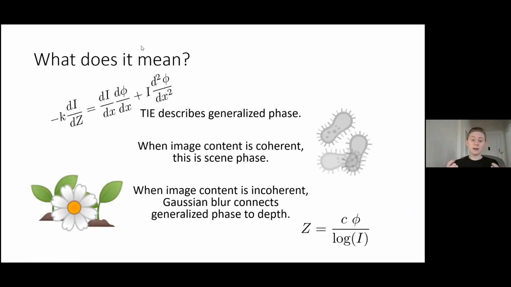But when the image content is incoherent, when you're doing phase imaging on an object that is not appropriate for phase imaging, this Gaussian blur assumption allows you to reinterpret that generalized phase as a depth measurement, which is pretty cool. So this is a neat mathematical connection that we found.